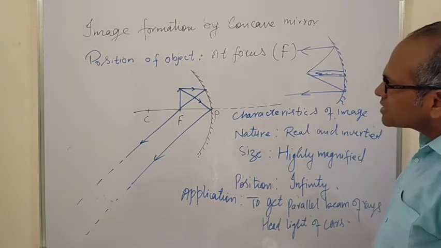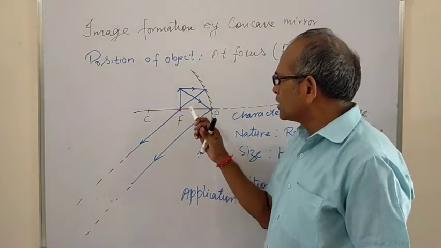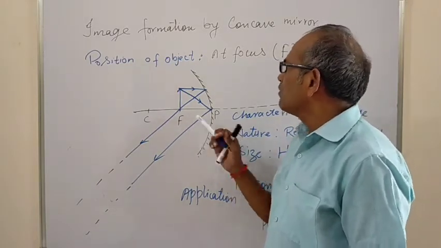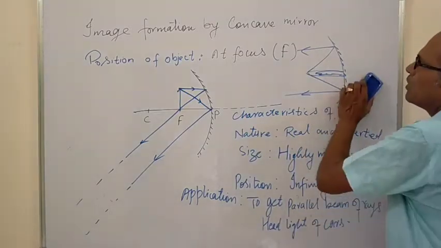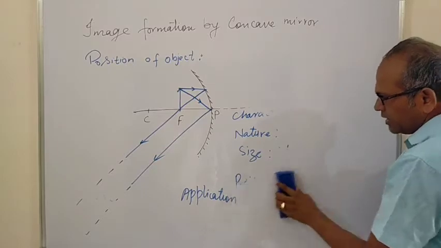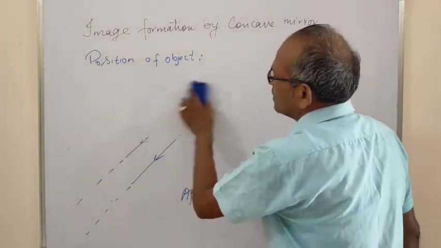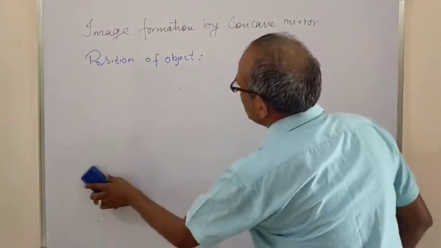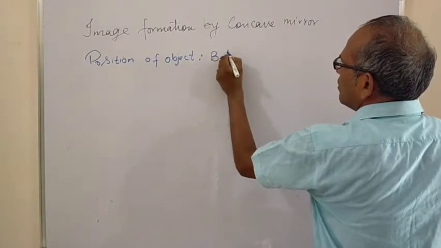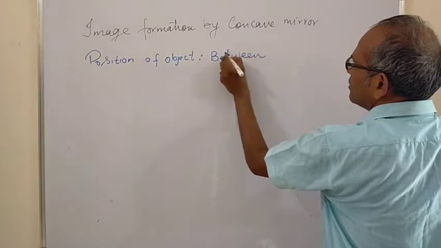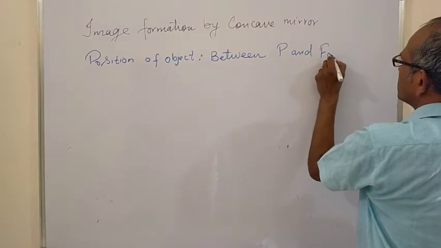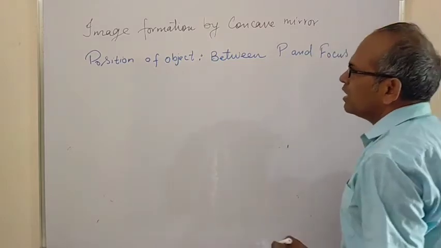Right? So next, I bring the object now between P and F. Okay, pole and the focus, and let's see how the image is formed. What is the nature of the image formed? Next is position of the object between pole and the focus.